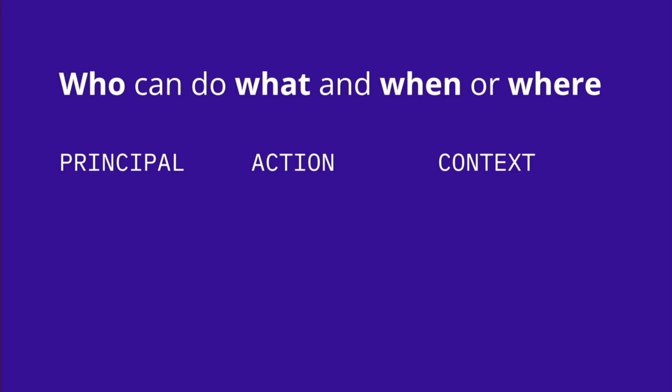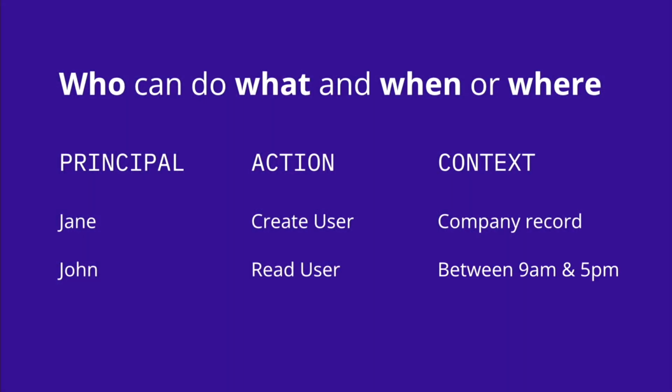And so I'll fire off some quick examples for you. So Jane might be the principal. She's allowed to create a user, but only within her company. So long as that user is attached to her company record, she can do that. John is allowed to read users, but say only between the hours of 9 and 5. That's not a policy we see very often. I argue that we probably should use policies like that more often.